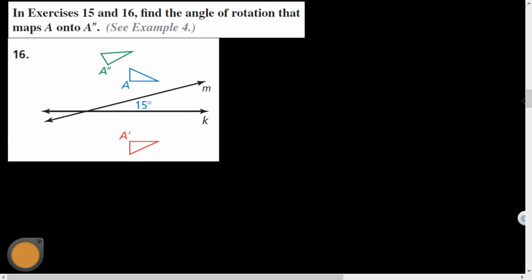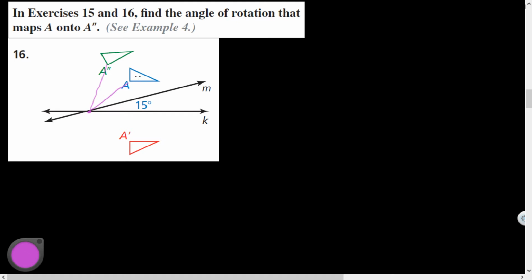It says, find the angle of rotation that would map A onto A prime. For A to A double prime. Oh my goodness, guys, this is a weird one. All right, what happened here? Okay, guys, wait a minute.